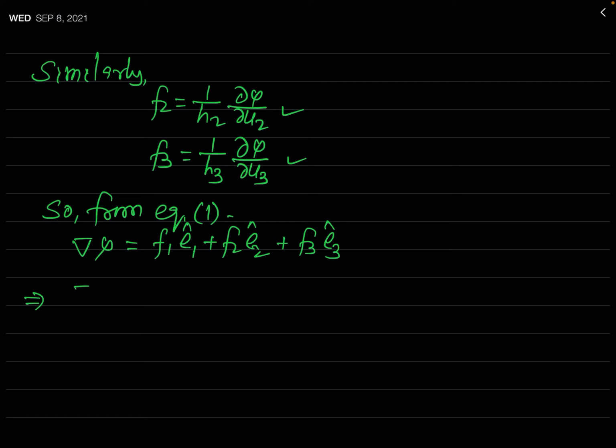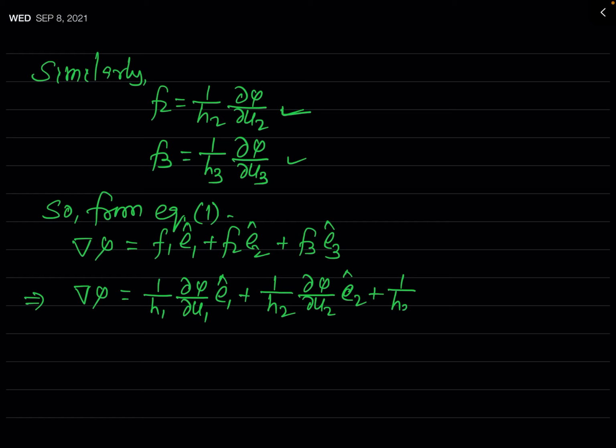After substituting these values we will get 1 over H1 del phi by del U1 E1 hat plus 1 over H2 del phi by del U2 E2 hat, and plus 1 over H3 del phi by del U3 E3 hat.